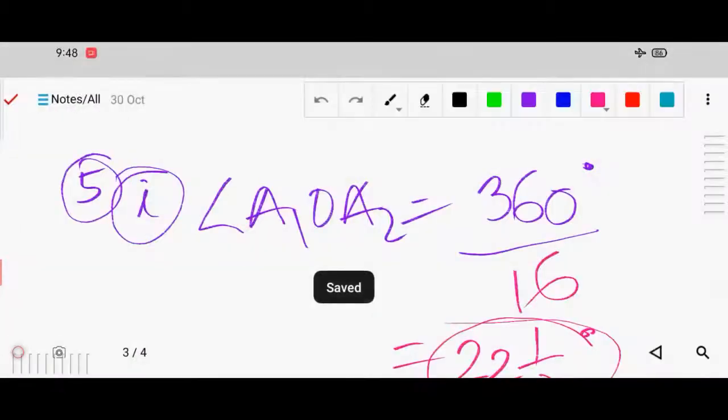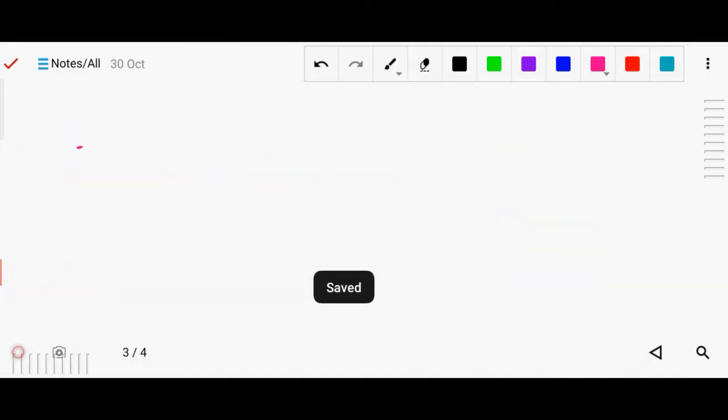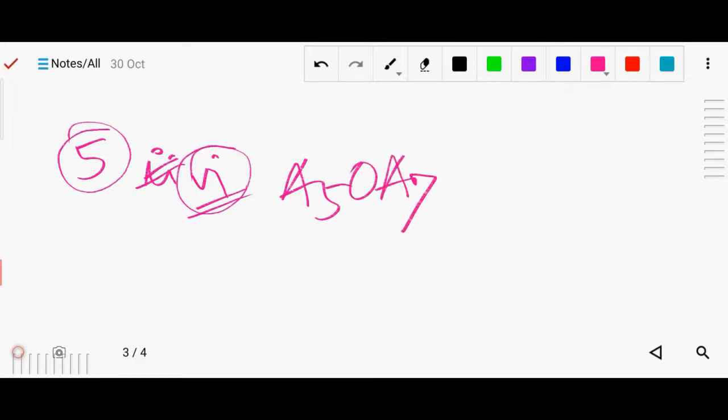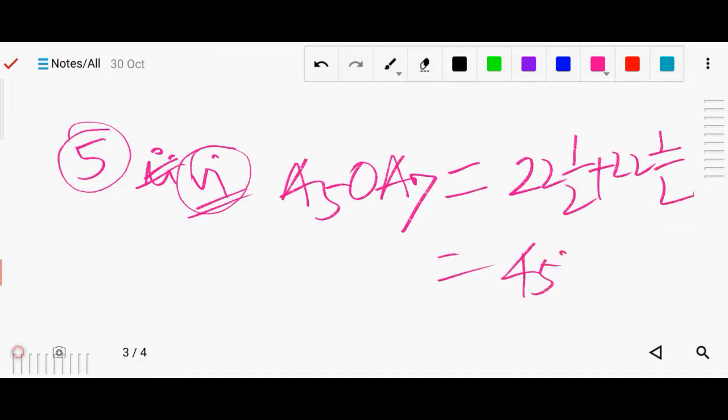Write this angle A5 O A7. This angle will be 22 and a half plus 22 and a half, so it will be 45 degrees.